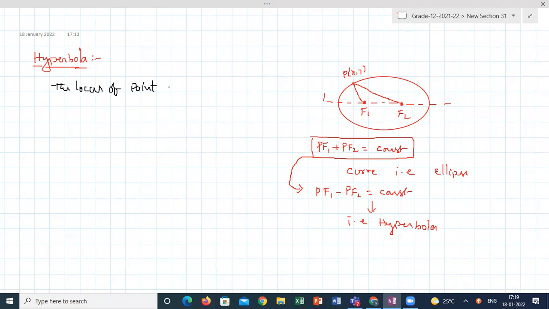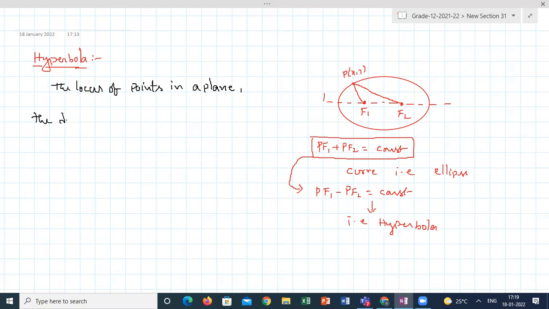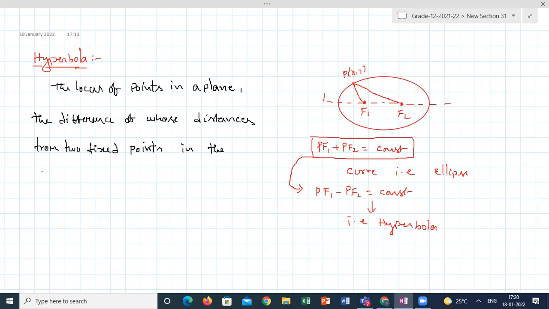The locus of points in a plane, because it is formed by a plane, in such a way that the difference of whose distances from two fixed points in the same plane is a constant.